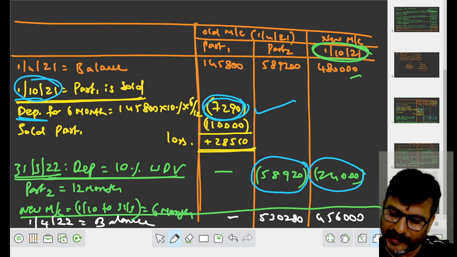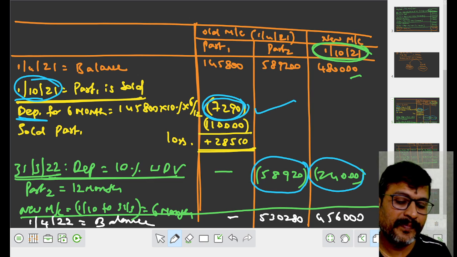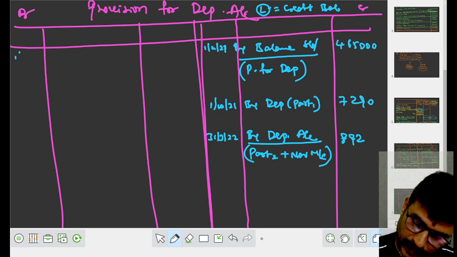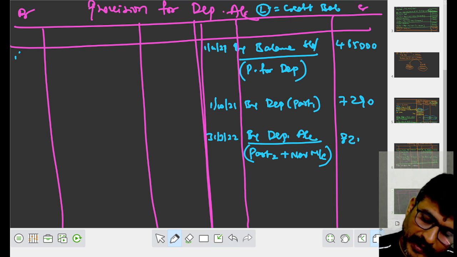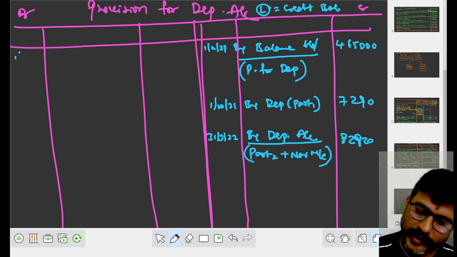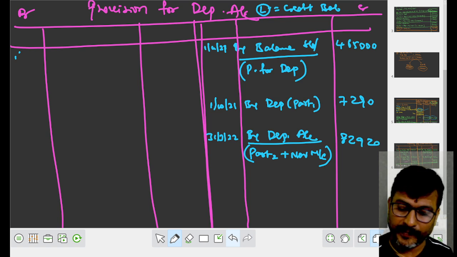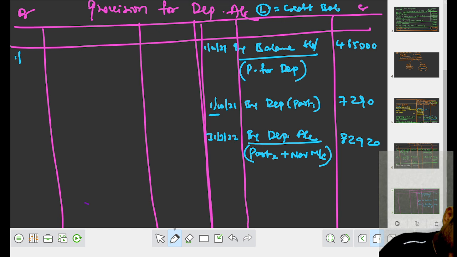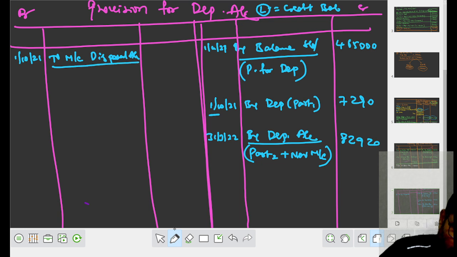Add both the numbers, I think it comes to 82,920, right? 82,920. On the same date of October 21, disposal is being made, right? 1st October 21, to machinery disposal account.